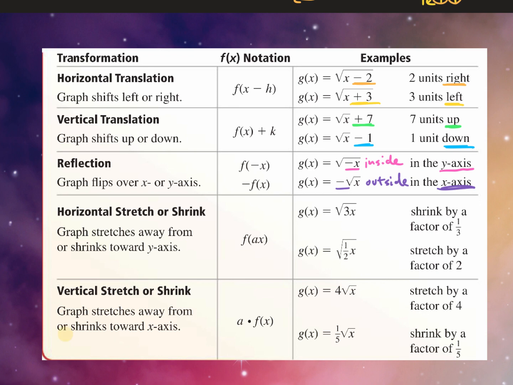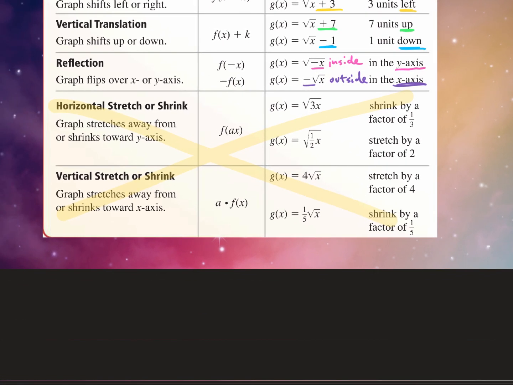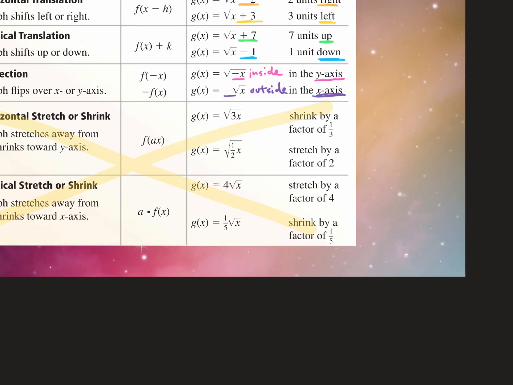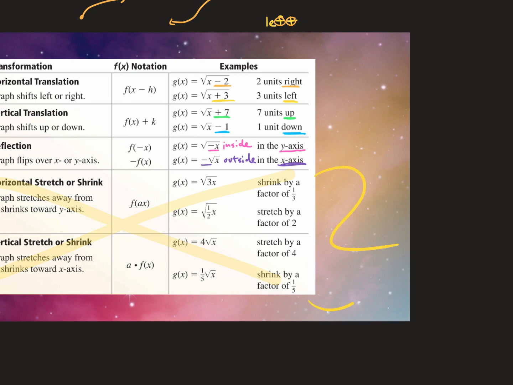For horizontal or vertical stretch or shrinks, we're going to skip these for now. We're not going to talk about the transformations of those. If you have one where you're multiplying by a number, either inside or outside, the best thing to do would be to plug in values to graph. So for these two, write it over here. Plug in values to graph, just like we did in the first two examples.